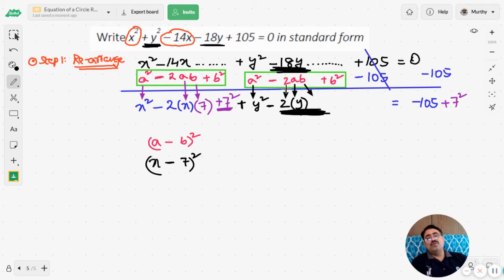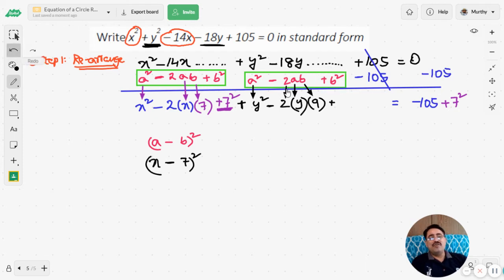2 ones are 2, 2 twos 4, 2 threes, and so on. 2 times 9, that makes 18. If you want, you check it. 2y times 9, that is 18y. Right? So what is the value of b? You know that's 9. Therefore, what is b square?